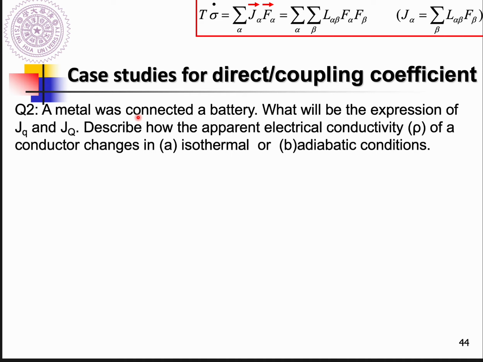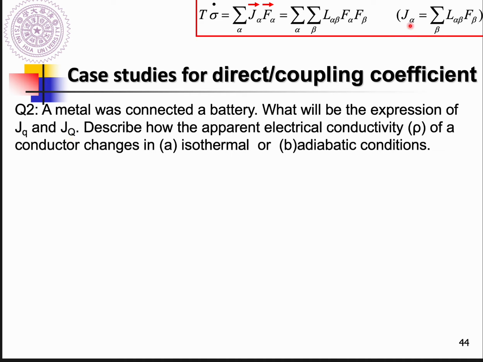Here will be question 2. What we have is a metal, and we connect it to a battery. Battery means we apply the electrical field on these materials, on this metal. And what would be the expression of J, the current density, and the heat flux?